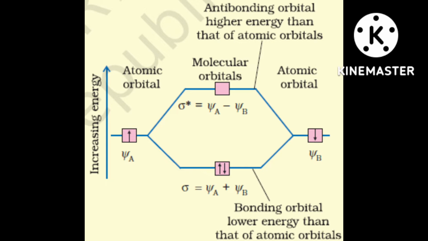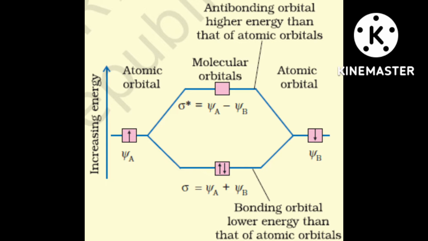Here, understand again the third point: while an electron in an atomic orbital is influenced by one nucleus, in a molecular orbital it is influenced by two or more nuclei, depending upon the number of atoms in the molecule.